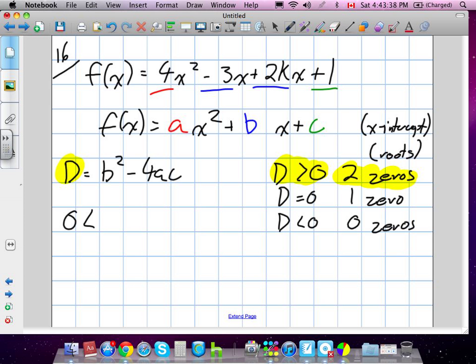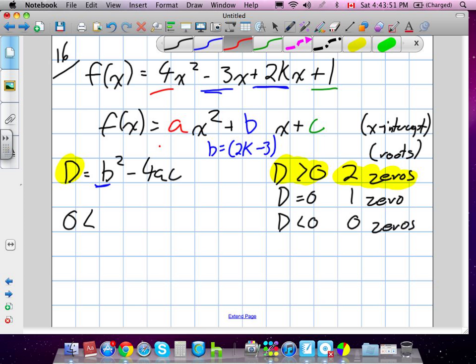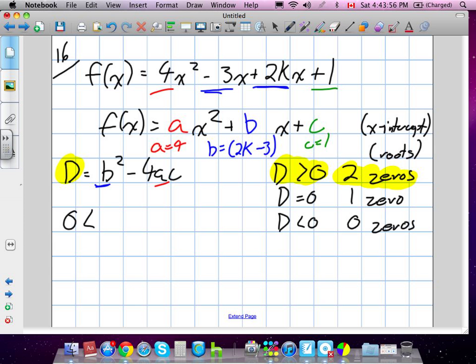Now I do have a b, and it's these things put together. That's what b is. B is actually equal to 2k minus 3. That's what we got there. We have an a value. A is equal to 4. We're plugging that in for that. And c is equal to 1. So we're plugging those values in there. So what we have is 2k minus 3 squared minus 4 times a is 4 and c is 1.